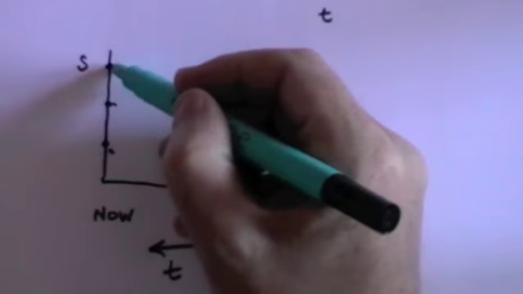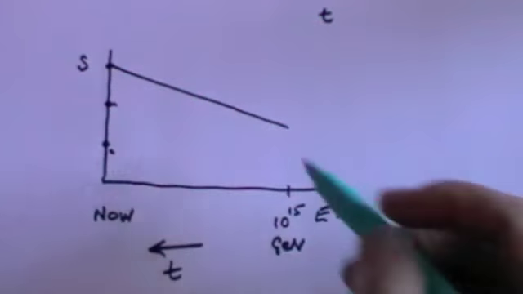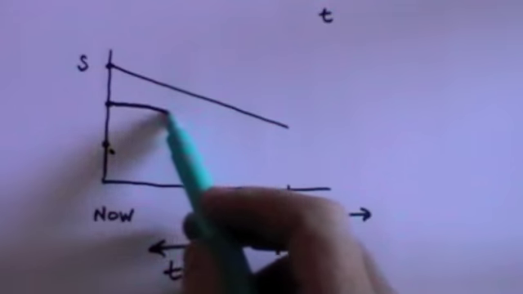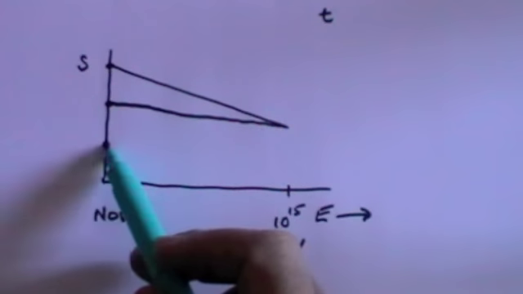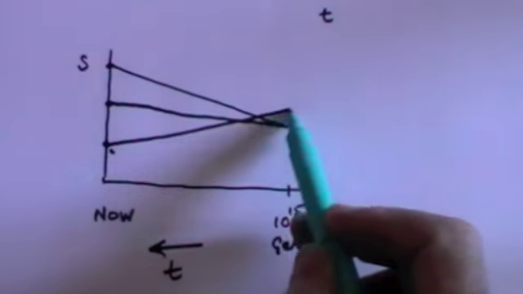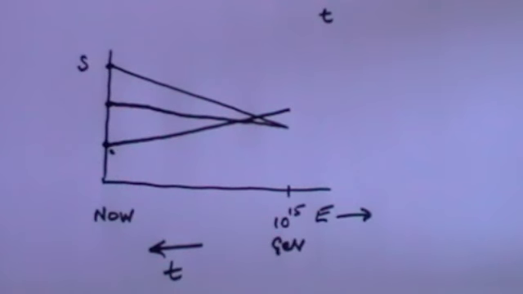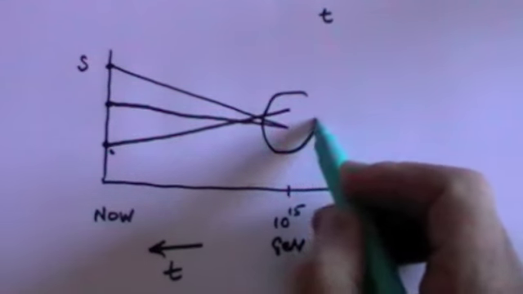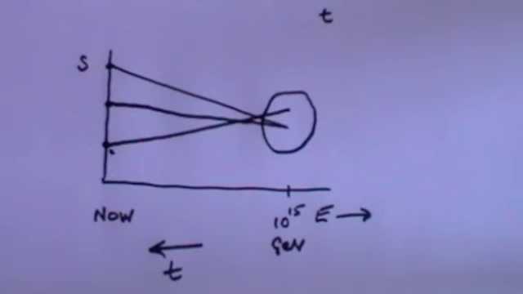The idea is that if you plot them back to the time of the Big Bang, they should overlap. But, and I've drawn that quite deliberately like that, the problem is that if you draw them as we now understand how they vary with energy, you find that at the time of the Big Bang, they do not overlap.